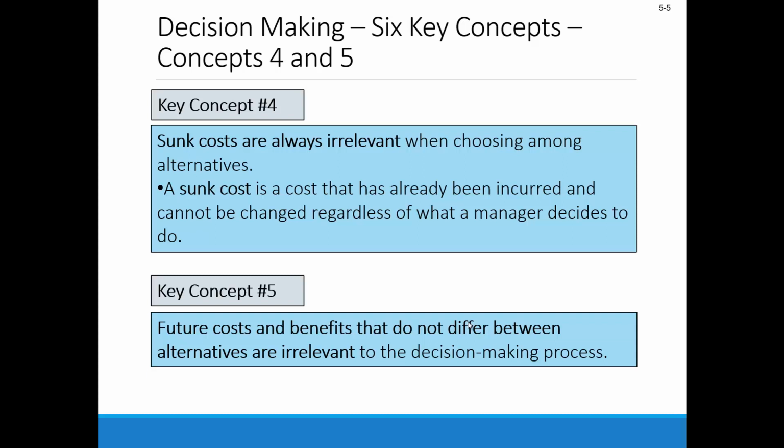So in our context here, we want to make sure we're focused on this idea that sunk costs really are entirely sunk. We can't do anything to change them in the future, so they shouldn't weigh into our decision. Future costs and benefits that don't differ between alternatives, again, we'll consider those entirely irrelevant to the decision-making process.